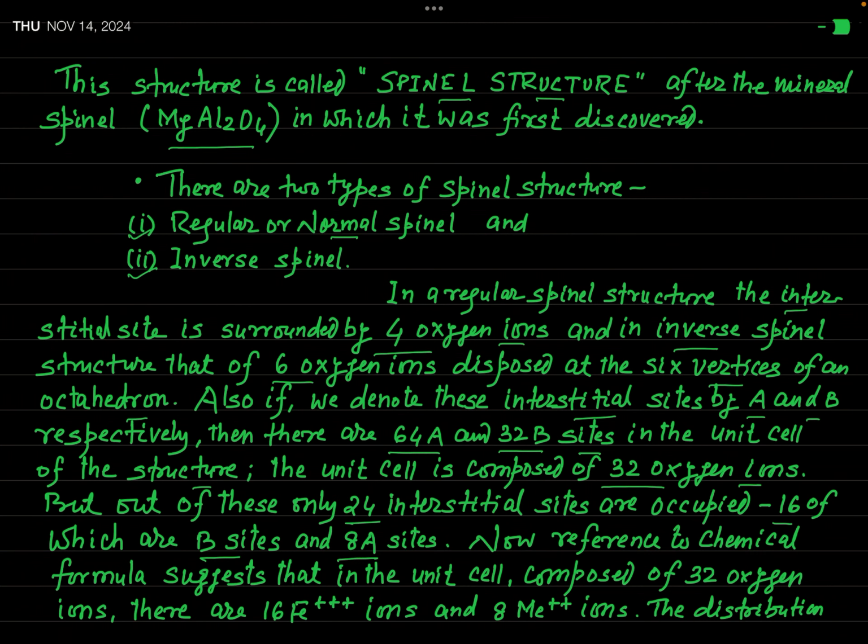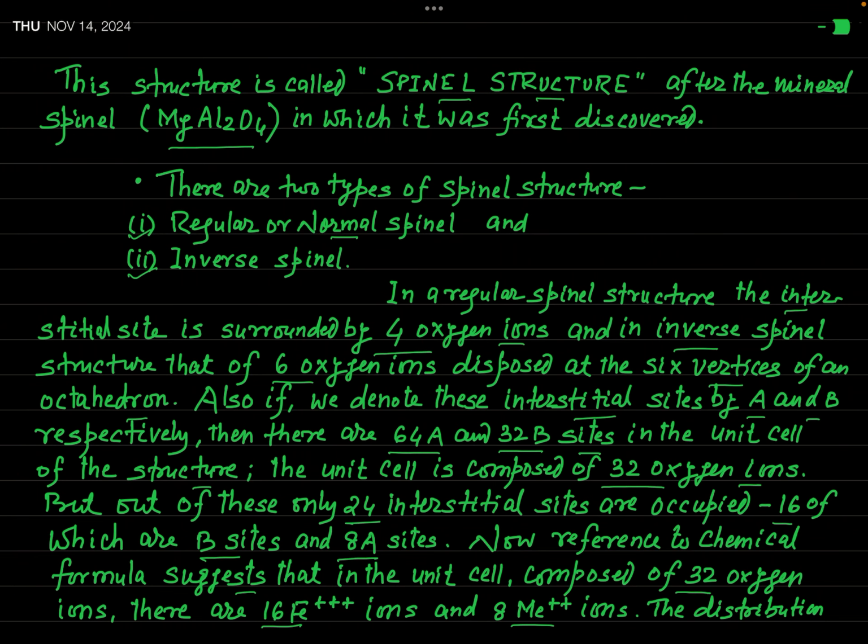Now, a reference to the chemical formula suggests that in the unit cell composed of 32 oxygen ions, there are 16 Fe triple plus ions and 8 Me double plus ions.